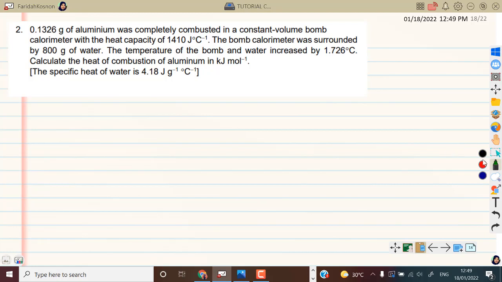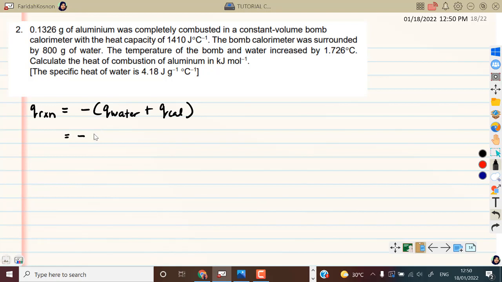Okay, so first of all, we are going to calculate the heat released by the reaction. So, bawa formula tu tadi, which is equals to, alright, okay, Q water plus Q calorimeter. Okay, Q water nak kira asing-asing pun boleh. Nak kira masukkan dalam formula ni pun tak ada masalah. Yang penting berhati-hati.